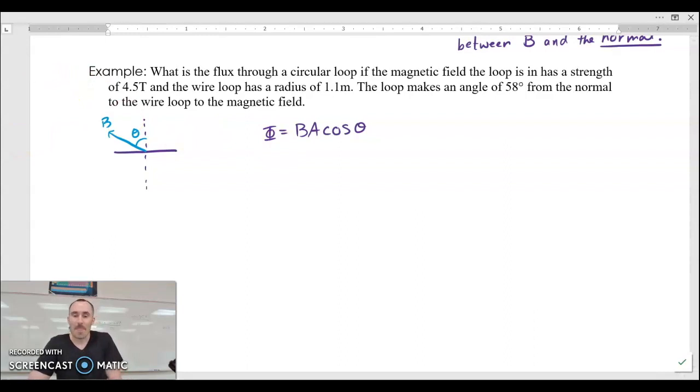Okay, in this case, it's a circular loop. So we're going to use B times pi r squared times the cosine of that angle.